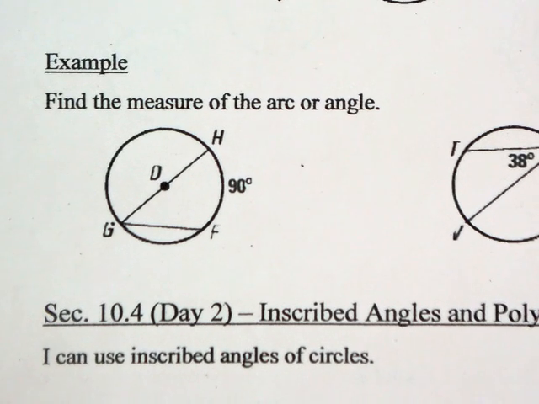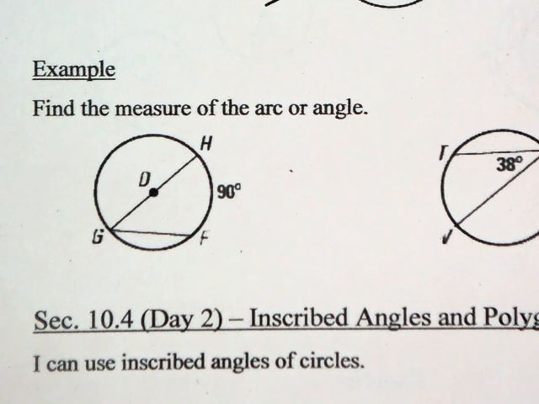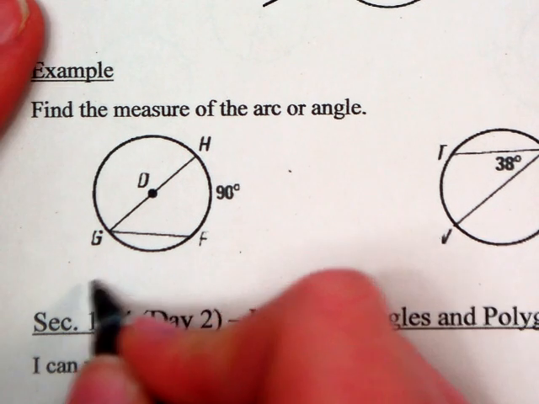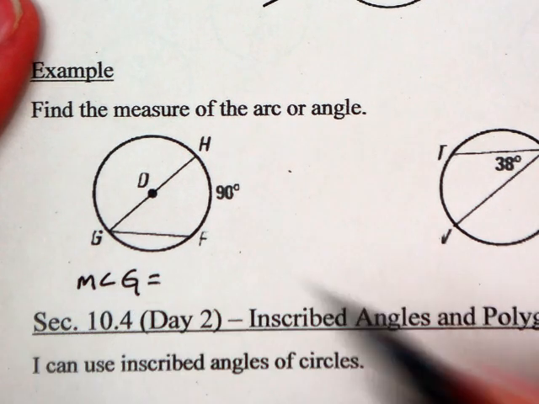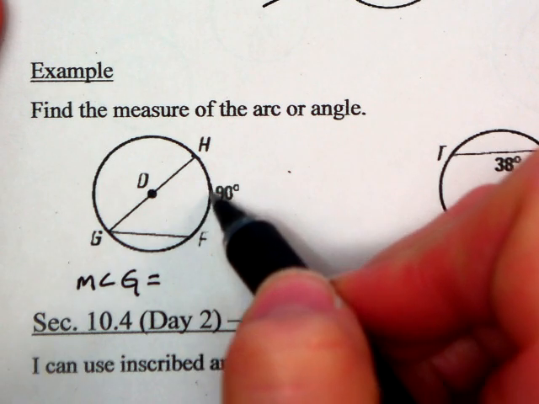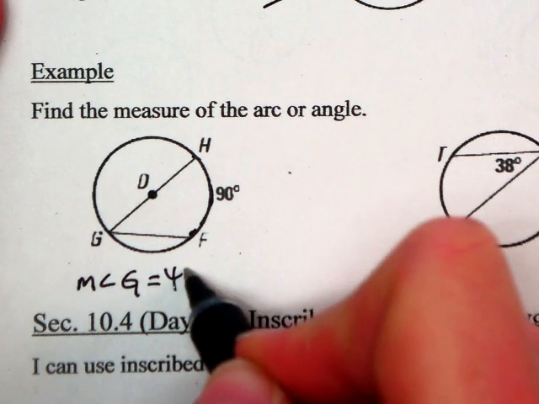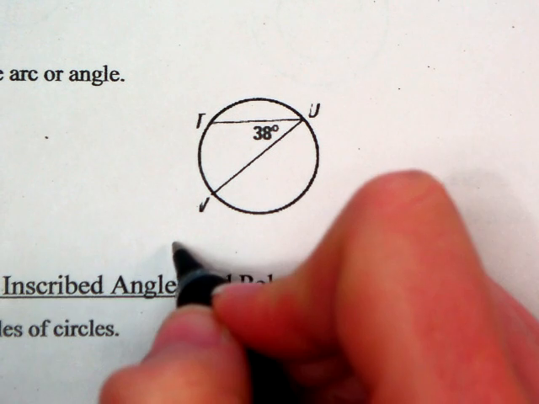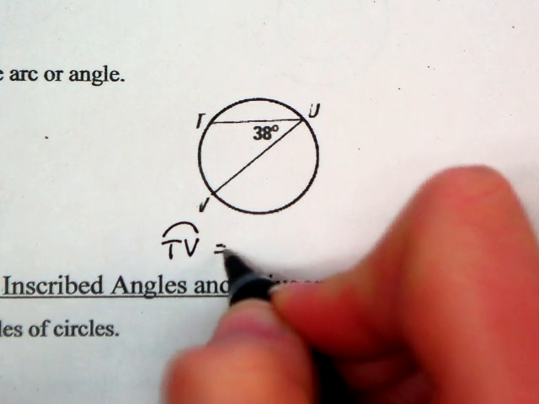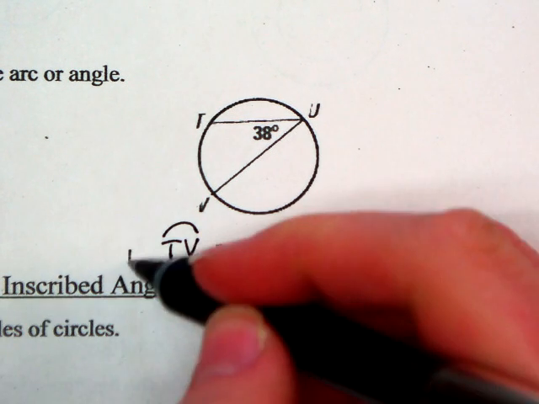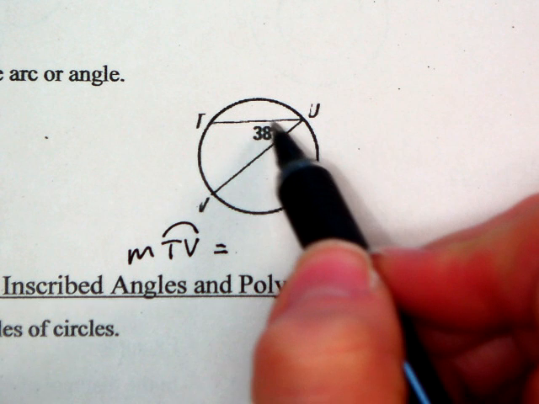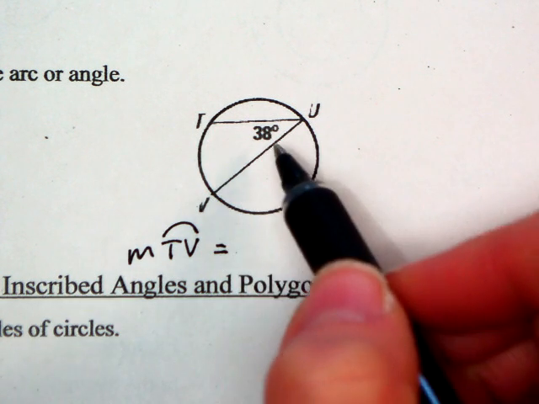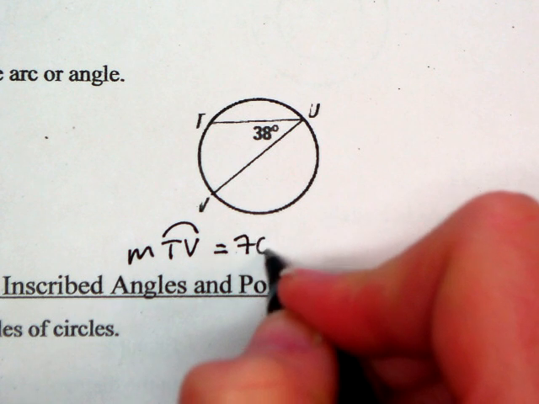Next one, find the measure of the arc or the angle. And I clearly forgot to label these. So let's talk about the measure of angle G. If this guy is 90 degrees, then angle G is going to be half of it, so 45. Let's talk about arc TV here. So TV, we'll go with the measure. If that's 38, then across from it, the arc has to be twice as much, so we'll double 38 and get 76.